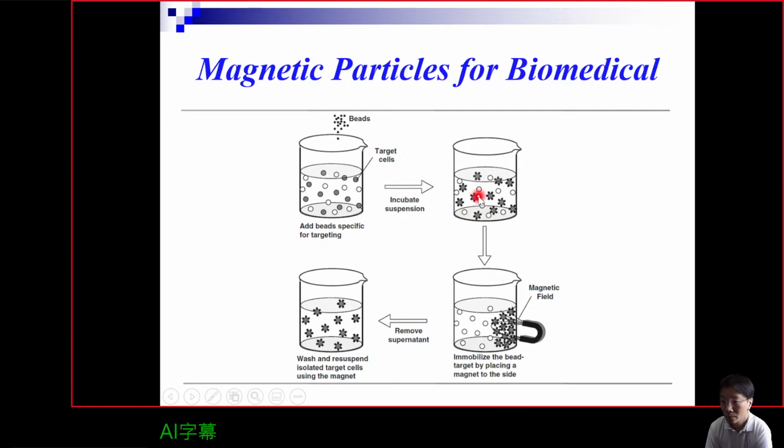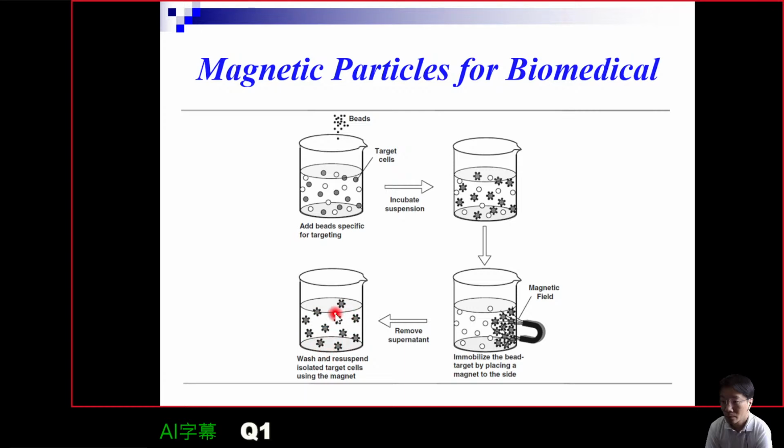So you put them into the solvent, then some entities will be attracted by the magnetic particles, and you can use the external magnetic field to attract them, pour out the solvent, and put in clean solvent again, wash several times, and remove the magnetic field. Then you can get the clean entities that you want.